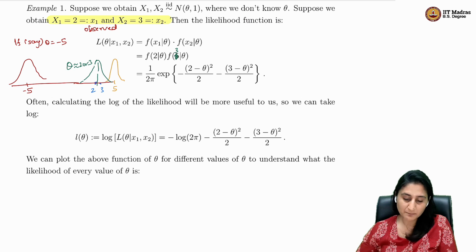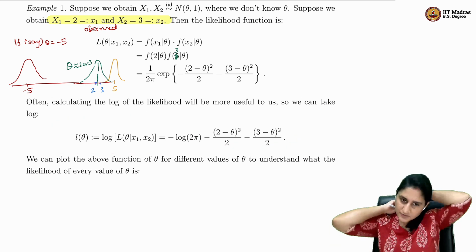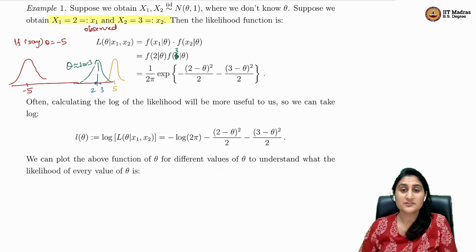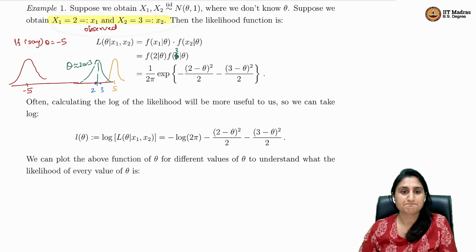Now what we'll do is plot this function. So this gives us our actual log likelihood. We'll plot this function to see which values of theta are likely, which values of theta we expect to actually have given this data.